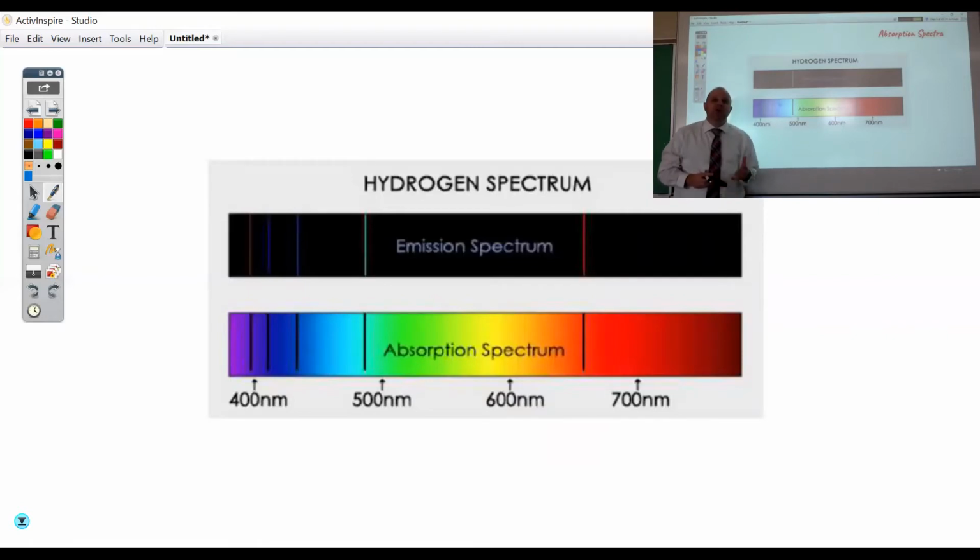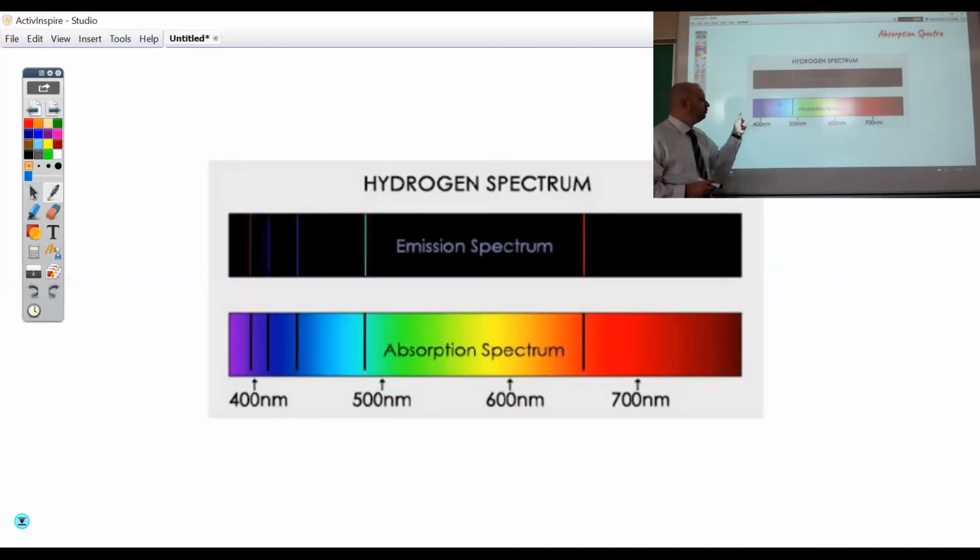If you notice, there are two different types of spectrums. There is an emission spectrum, which is where we would see the light being emitted, but you could also consider an absorption spectrum, which has a complete profile of all colors from 400 nanometers up to 700 nanometers. Remember, longer wavelength is lower in energy, the red portion.